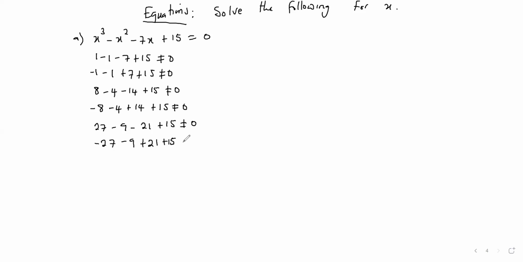Yeah, this is a 0. So I've gotten a 0 finally. So once we have a 0, we check what number we have used. We have used negative 3. So we use this negative 3.